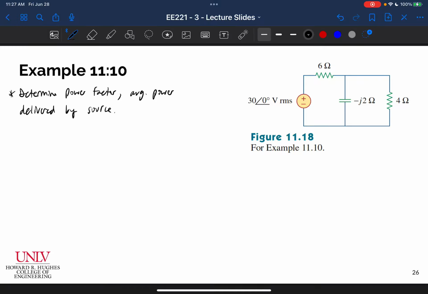I do want to note that it's interesting the way that they write this voltage source. They say it's 30 angle 0 volts RMS, but an RMS value is a DC value. So why in the world would they write it that way? My understanding is that this signal is swinging with an angle of 0 and a peak value of VP, and the RMS value of that signal is 30 volts.